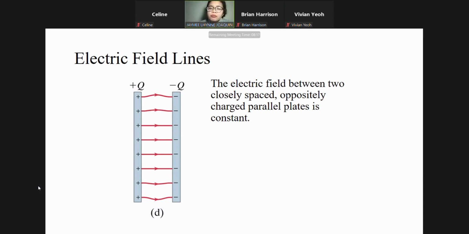Because it's parallel and a closed space, you can see that they only intersect in the middle. There's no moving inward and moving outward of the particles itself. So the electric field is being shared in the middle part, which becomes constant in the middle.